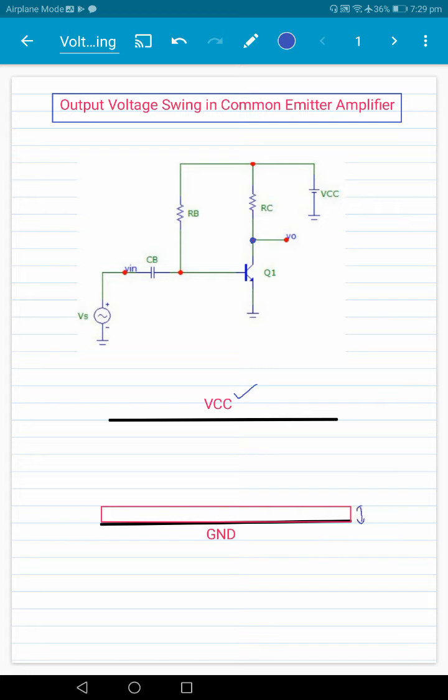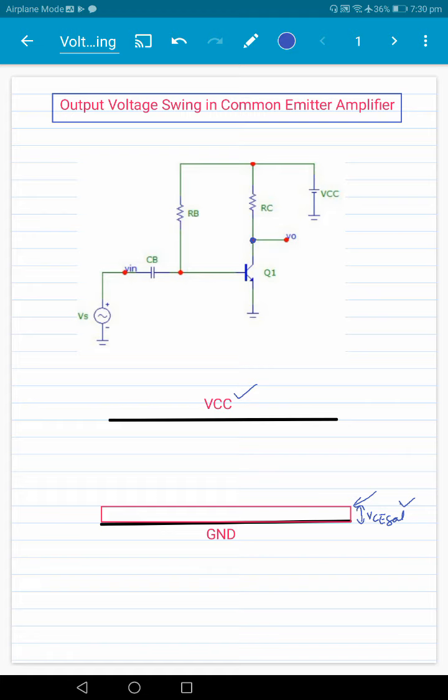If we call this VCE sat, the other limit is this one here. So the output voltage can go up to VCC towards the positive supply rail, and can drop to VCE sat. These are the two limits on the output voltage.